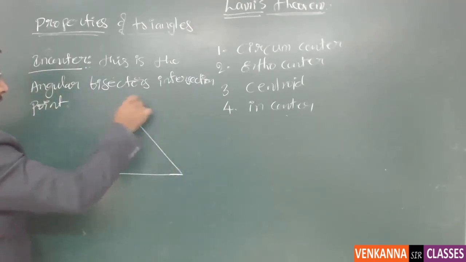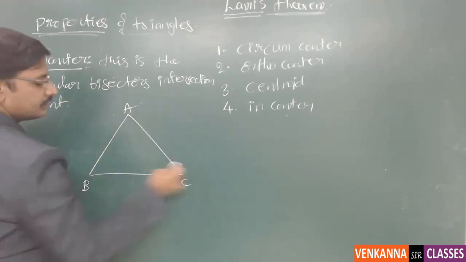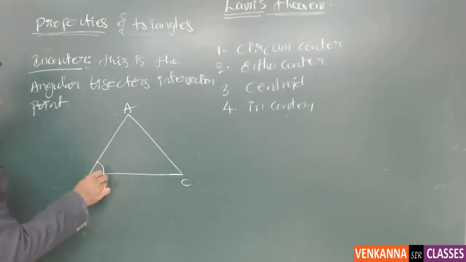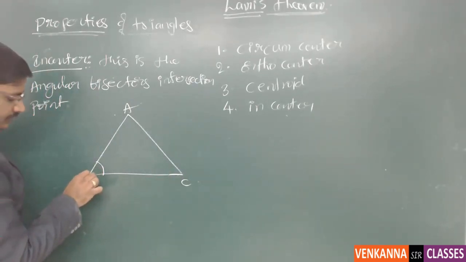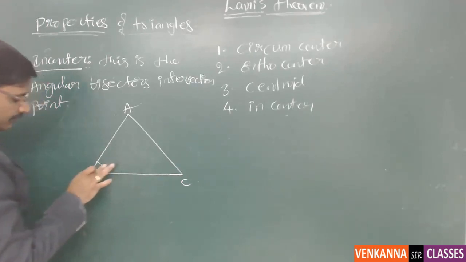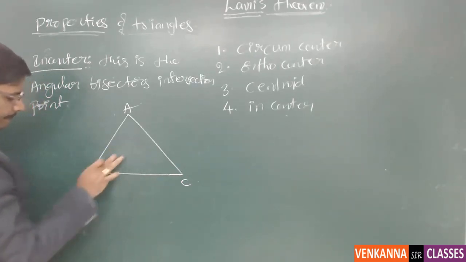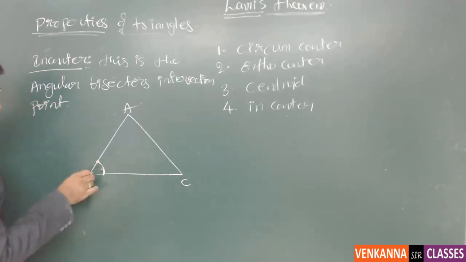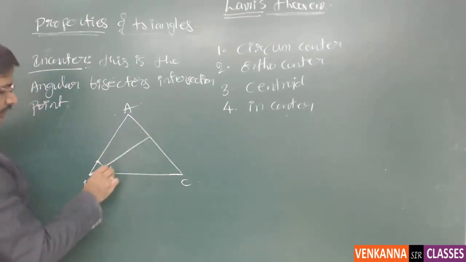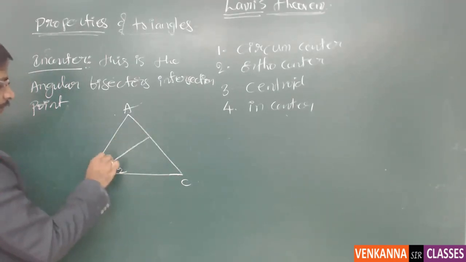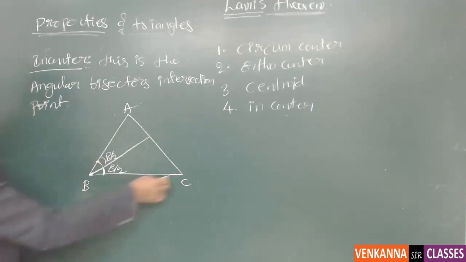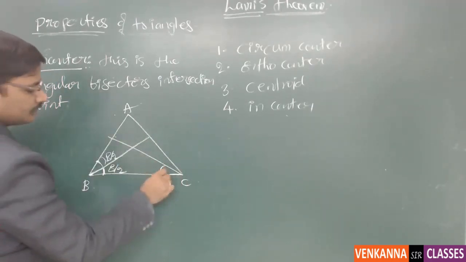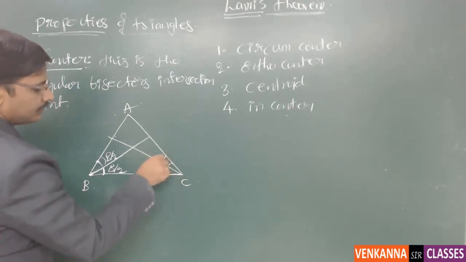So this is A and this is B and this is C. Now for this angle, draw a line which is exactly mid to this particular angle. So this is B by 2 and this is angle B by 2. And similarly here also, this is C by 2 and this is C by 2.